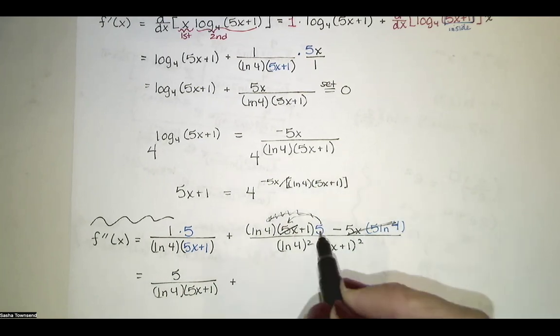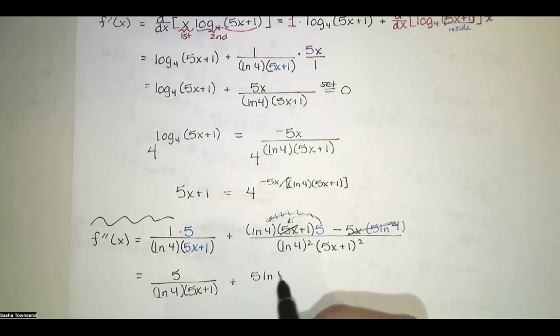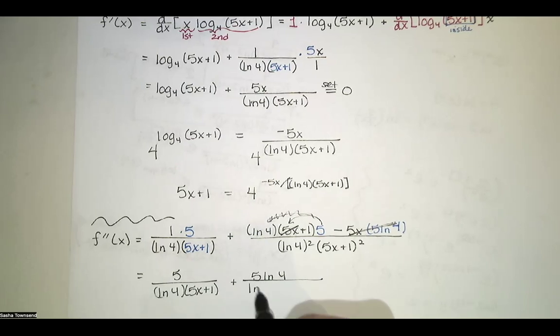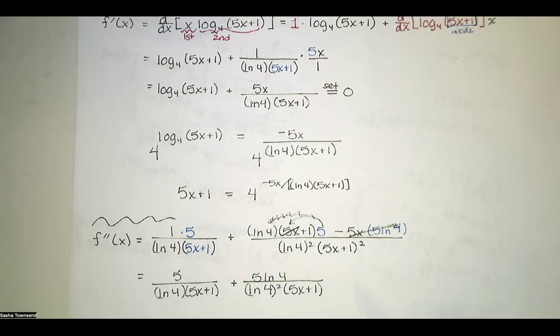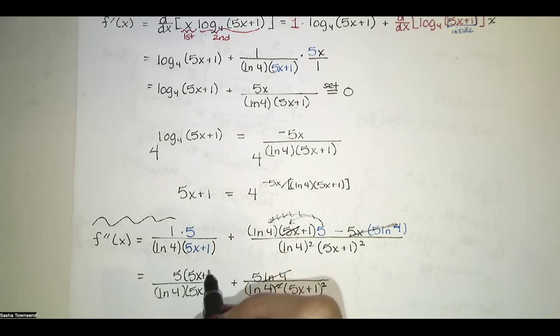And we just end up with a 5 natural log of 4 in that numerator. You say, okay, well, one of the natural logs of 4 will reduce. And now these denominators are almost identical, but this one is missing an extra 5x plus 1 factor. This one's got that 5x plus 1 squared.